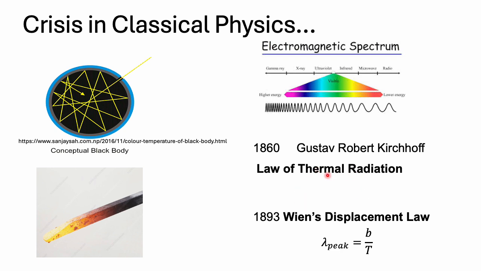And according to Wien's displacement law in 1893, the wavelength at which a black body emits radiation most strongly, the peak wavelength given by lambda peak, is inversely proportional to its temperature. The mathematical form is given by this equation, where lambda peak is the peak wavelength, T is the temperature in Kelvin, and b is Wien's constant.